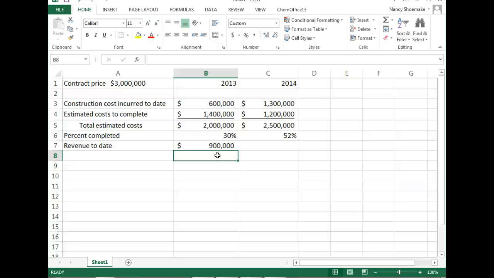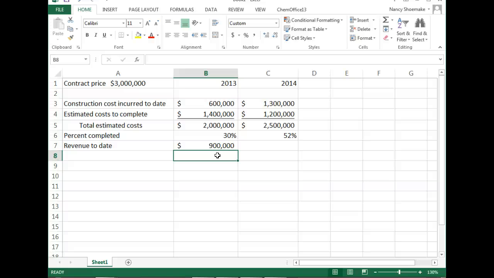Even though we didn't collect that much, we're anticipating collection is realizable, but we are reporting the revenue as we've earned it, not necessarily because we've collected it. We're going to bill for it, but we're going to show this based on the amount of costs we've incurred.